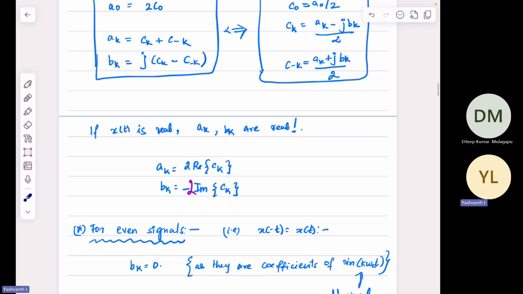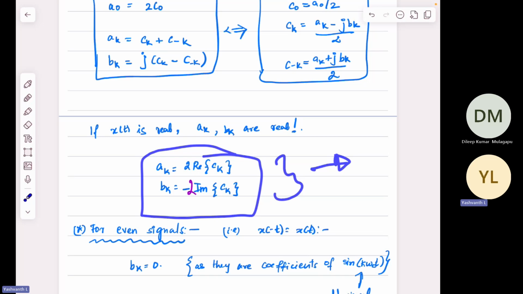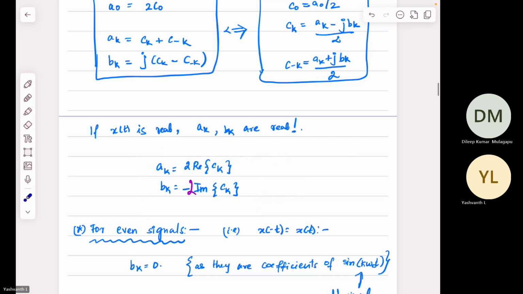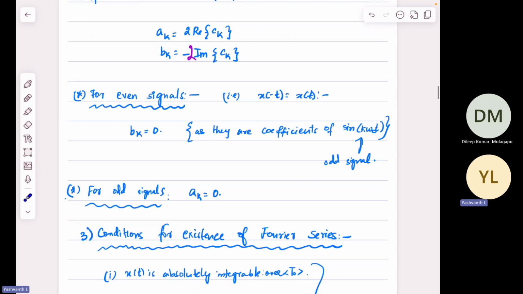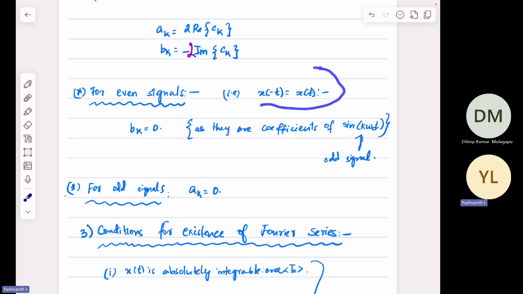Now, in particular, for us as a special case, if you know that the continuous time domain signal is a real signal, then ak and bk will become real, and the relationship between ck and bk will be given by this particular expression. Remember, this expression we'll use today in one of the problems. So for even signals, what do you mean by even signal? x of minus t is equal to x of t.